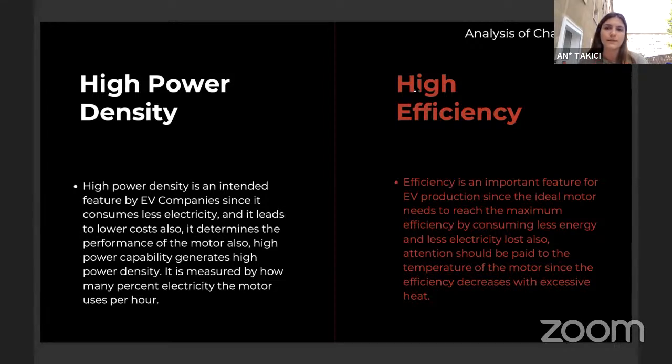As you know, efficiency is the most important thing that we want to make high every time, because with high efficiency our product uses less energy, and if the electric motor is ideal, it should be highly efficient. That's why these characteristics are important.